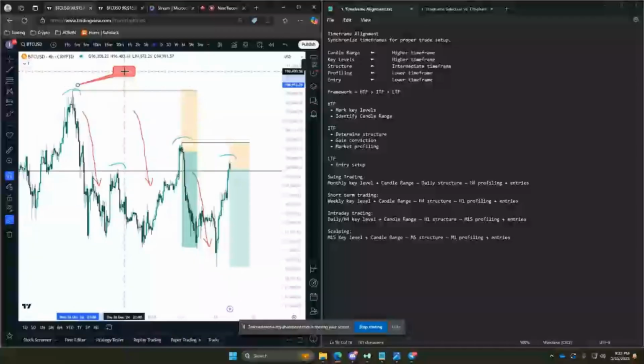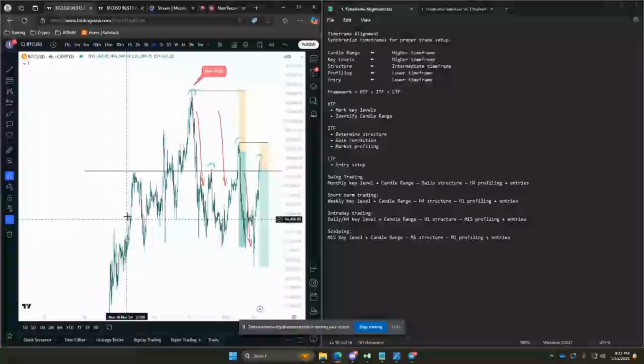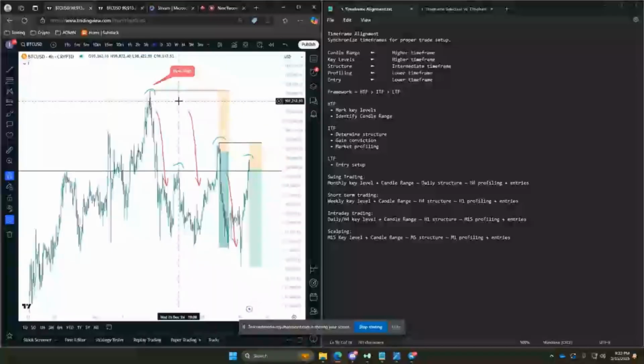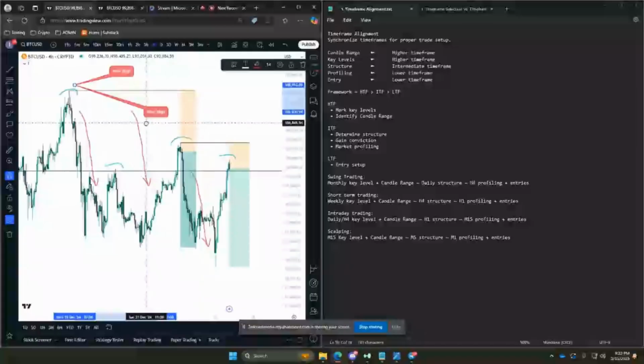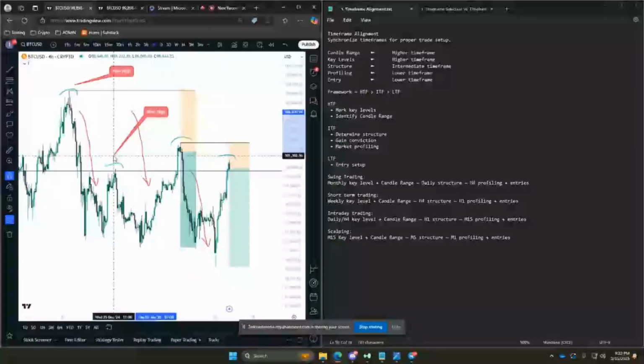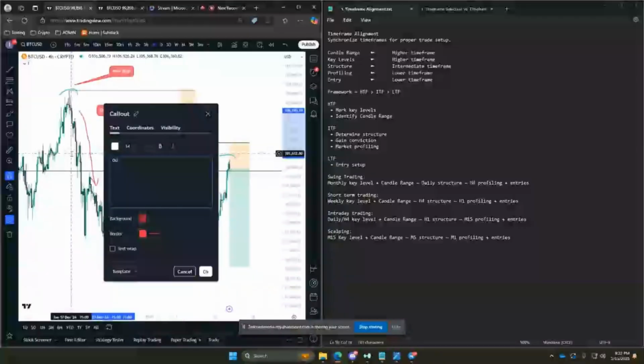So let's say we know we made a new high, so that's important to us. Okay, so we can say we broke through the range, we made a new high, and the price went back below into the range, and then we can see that we traded outside of range.